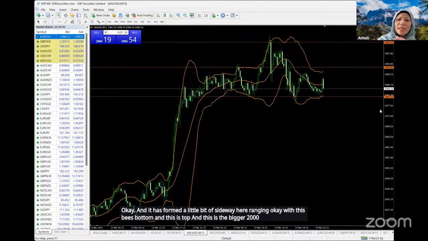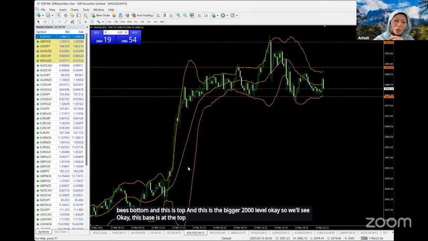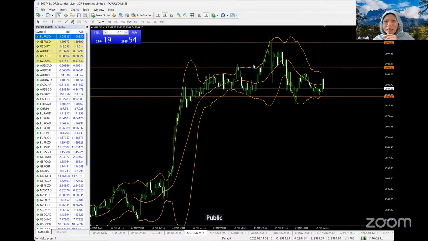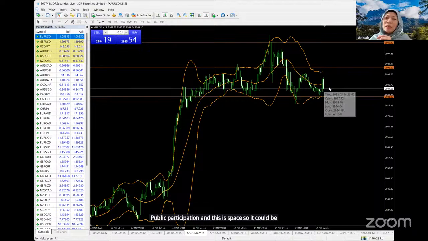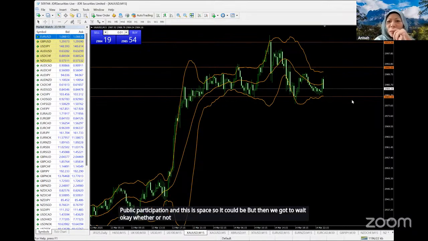So we'll see. This base is at the top. If you remember the trend phase, this is bottom, public participation, and this is base. So it could be downwards. But then we've got to wait whether it's going to close below this lower sideways line, or close above 3,002.2.